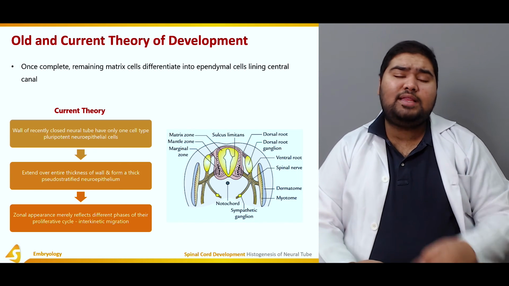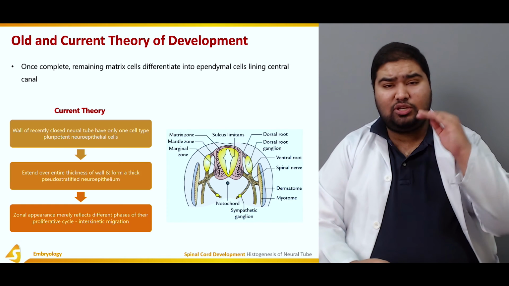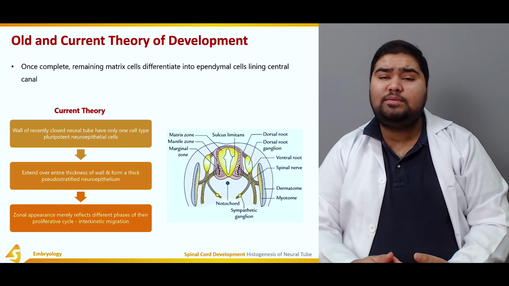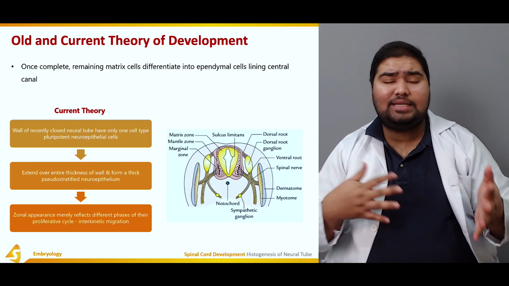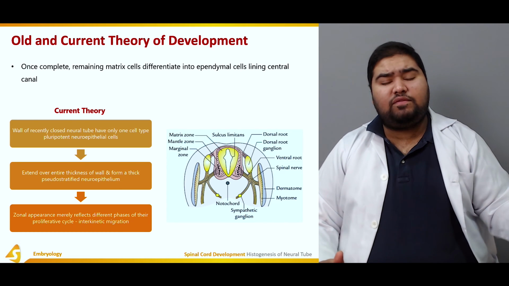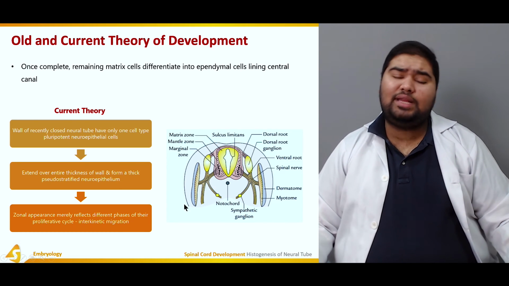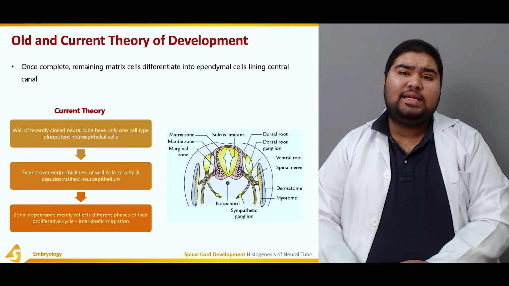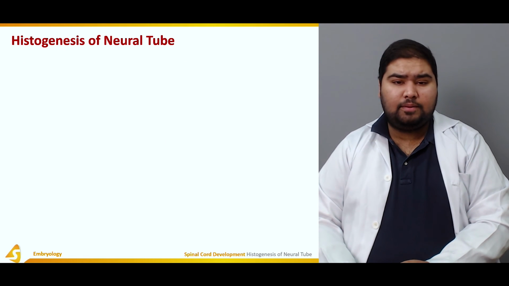So technically this zonal appearance seen in the development of the spinal cord is basically just the interkinetic migration of these cells, migrating through different layers to come to lie in their adult positions. So this is the current theory of CNS development.